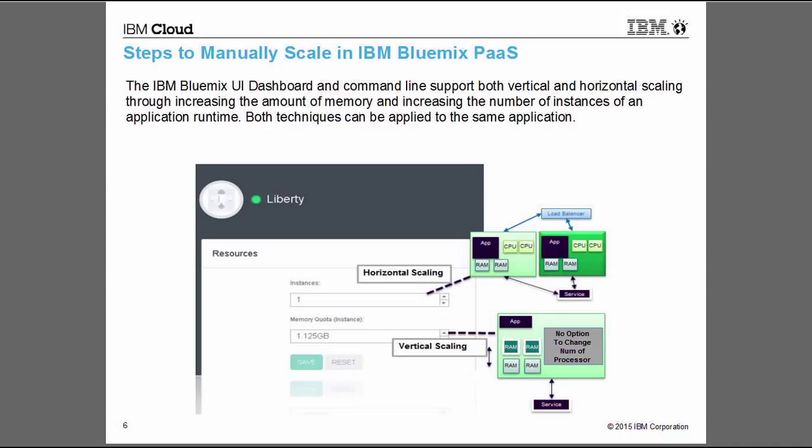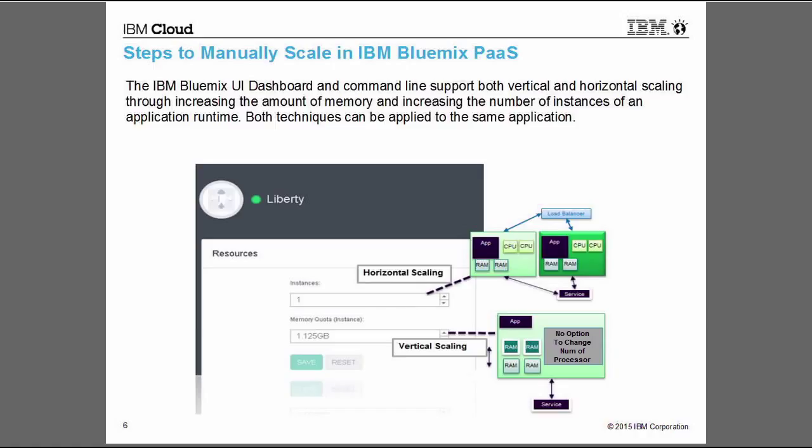So, steps to manually scale applications in Bluemix. There are two types of scaling, as we just talked about: horizontal and vertical. If you want to manually scale applications in Bluemix, let's first talk about vertical scaling.